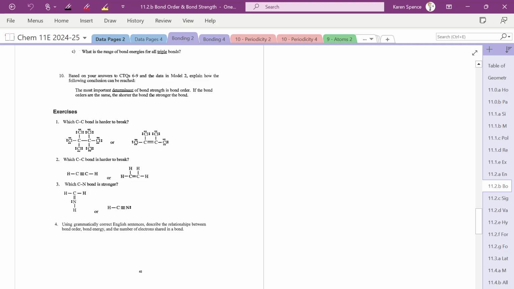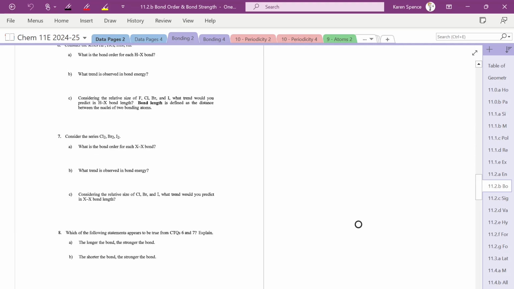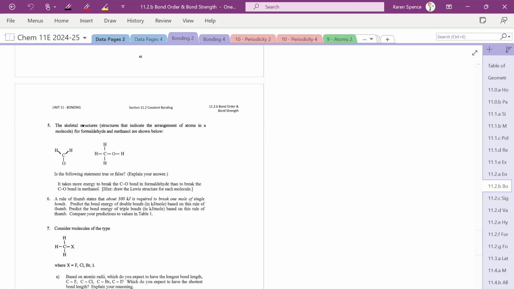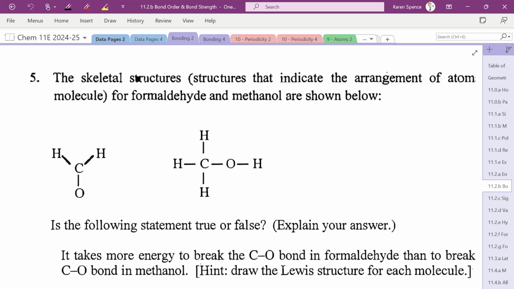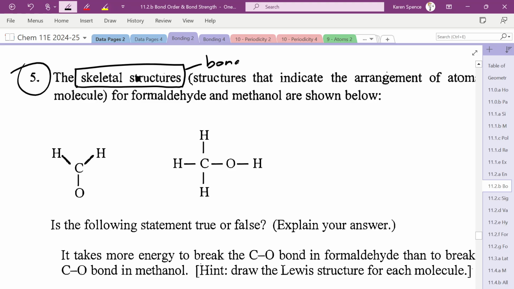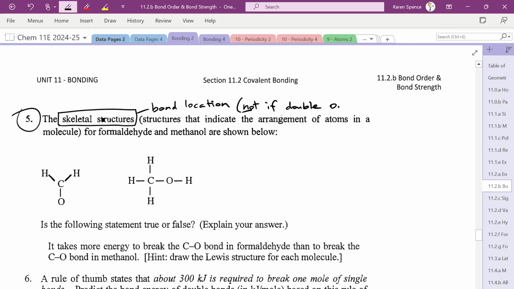If you had any problems with some of the questions, for example number 5, you would need to make sure you drew the actual Lewis structures because these are just the skeleton structures, which show the bond locations, but they don't tell you if it's a double bond or a single bond. So you would need to then draw the Lewis structure.